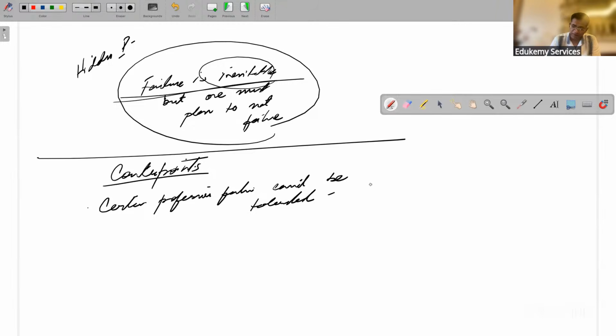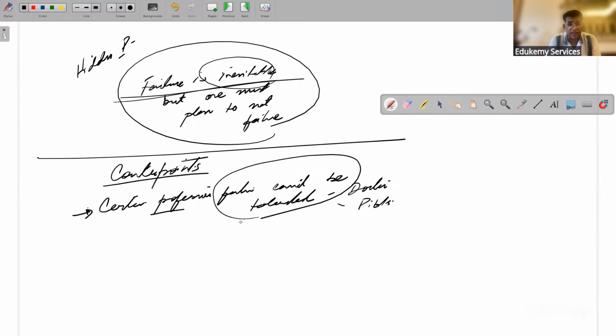Think of doctors, think of patients, think of pilots flying. So I disagree. In certain professions, certain jobs में we cannot tolerate, we cannot celebrate failures.